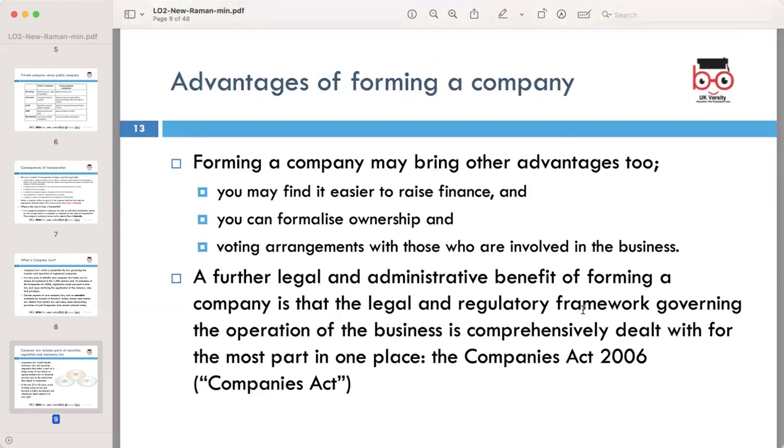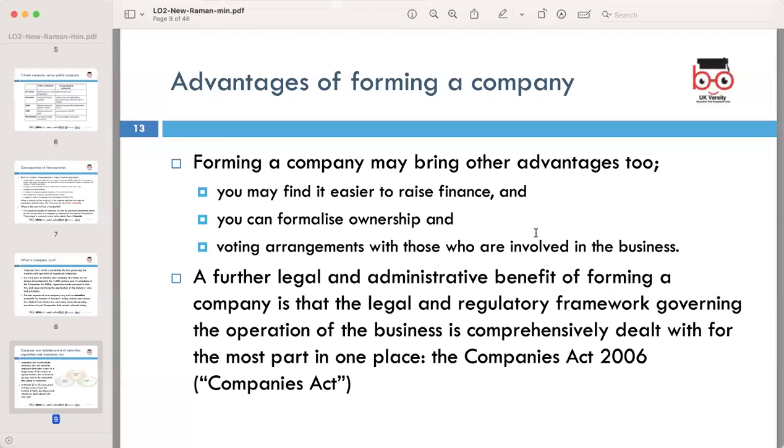Advantages of forming a company. So, forming a company brings several advantages. Firstly, it may ease the process of raising finance, making it more attractive to potential investors. Additionally, the company structure allows for the formalization of ownership and voting arrangements among individuals involved in the business.